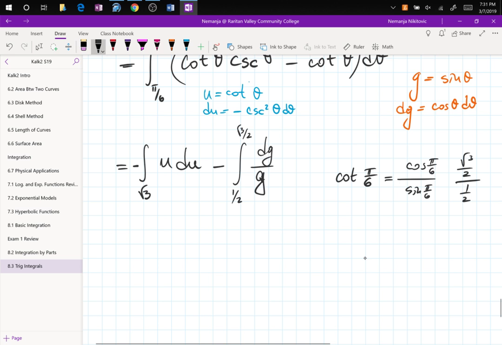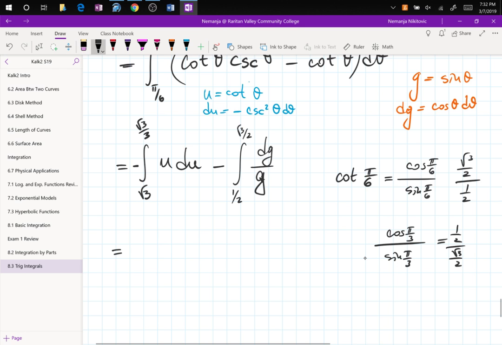When I plug in pi over 3, cosine of pi over 3 is 1/2, and the sine of pi over 3 is root 3 over 2, so the upper limit is root 3 over 3. Then you go, oh, the bigger number is on the bottom. Oh, we can switch that and kill the minus.